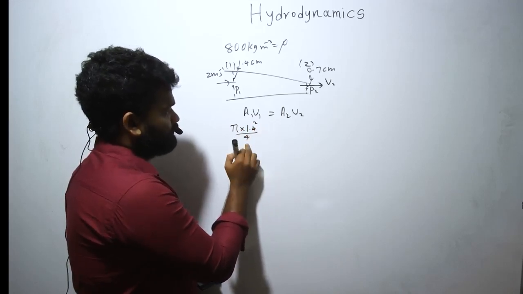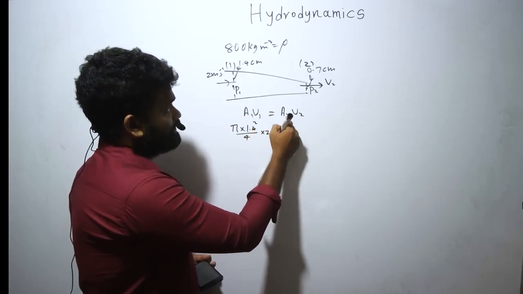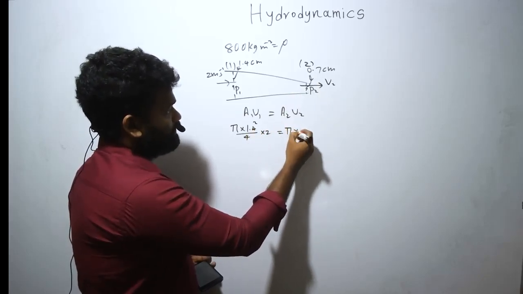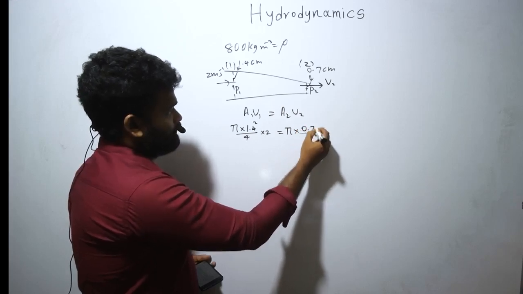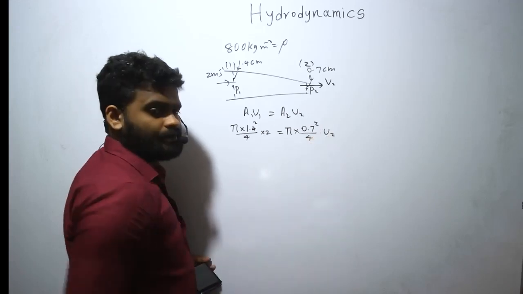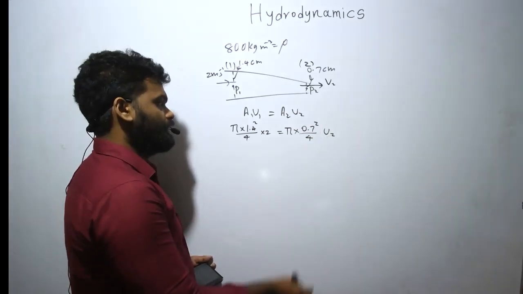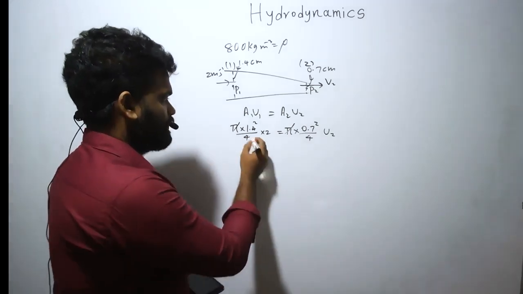So I have to divide by 4, right? Because it is the diameter. Velocity is 2. Here A2 is pi, diameter 0.7 divided by 4, squared. Then the V2. You need to find V2. Okay, pi cancels off. 4 cancels off.